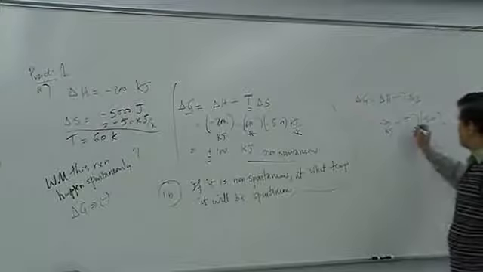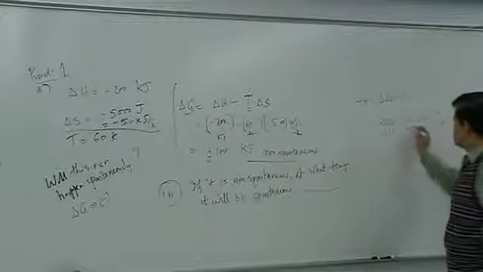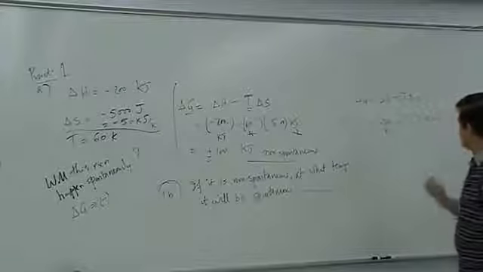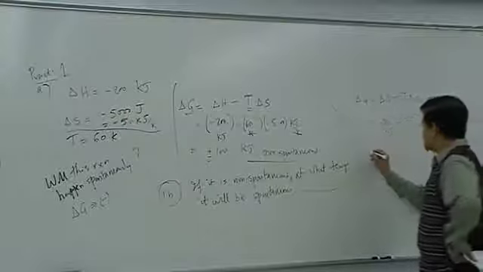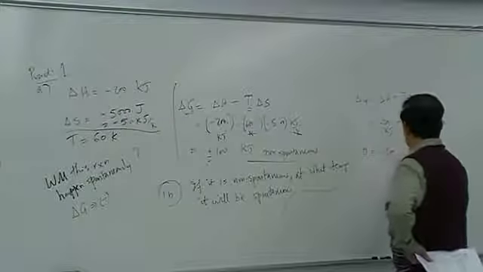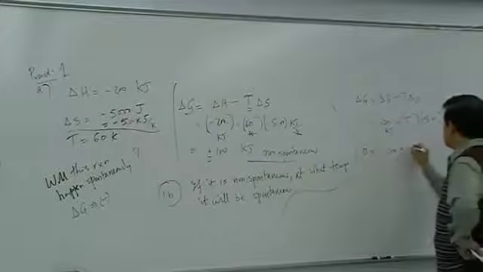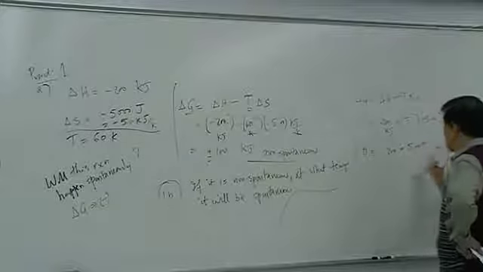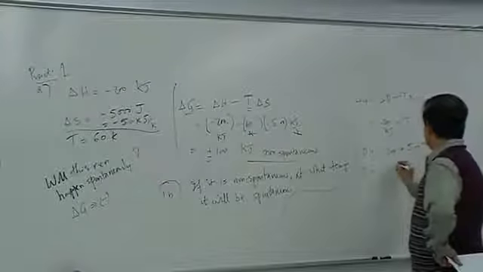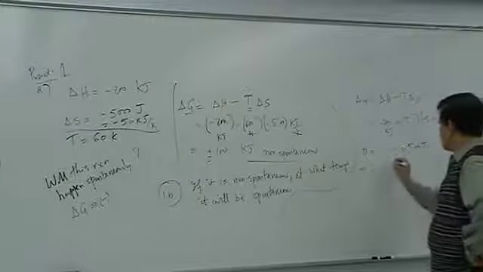Now, normally you'd think, if I keep on increasing temperature until these two numbers are same, then delta G is going to be 0. So that means if I set this equal to 0 and solve it, this is going to be plus, because it's minus and minus, this is plus 5.00 T. So that means T is going to be given by, if you bring this 200 on the other side, it's going to be plus 200.